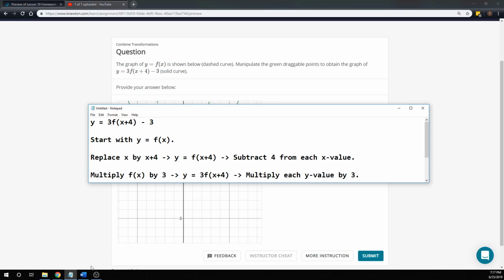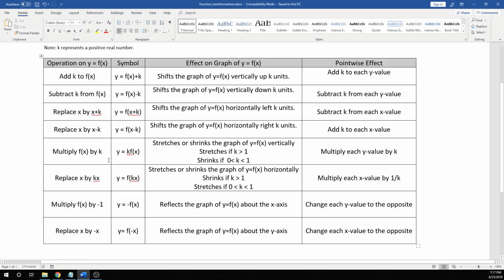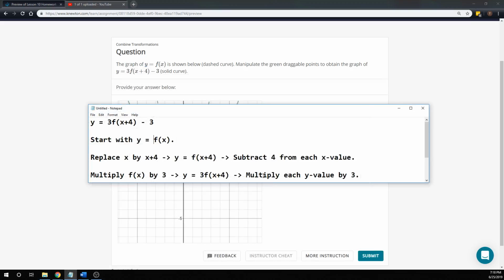So multiply f of x by 3. That's one of the basic transformations right here. And you can see the point-wise effect that one will have is that for each point I'm going to have to multiply the y value by k, in this case 3. So that's what I have here. I'm going to multiply each y value by 3.